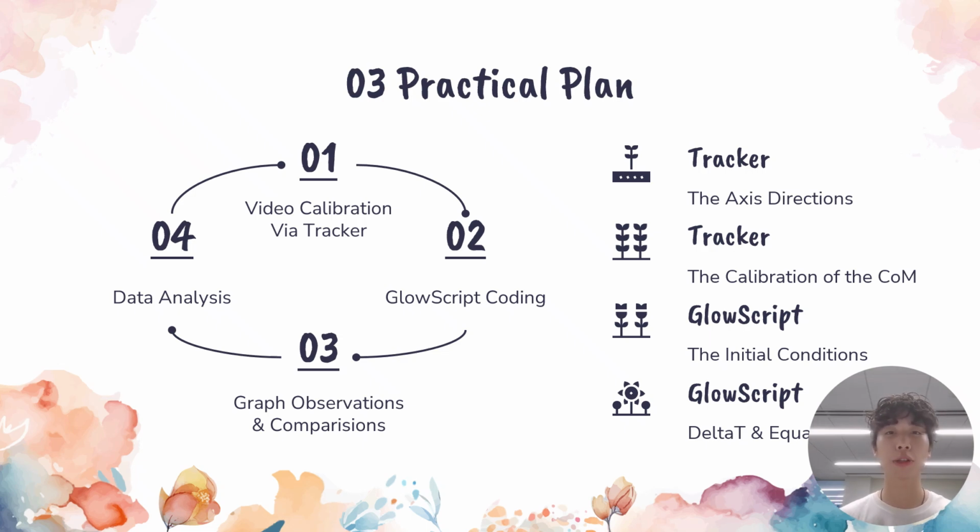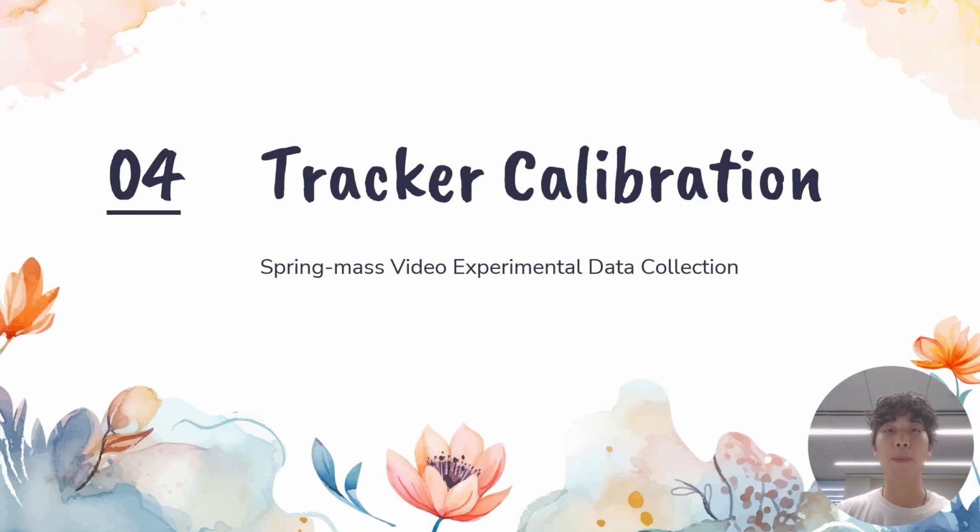And then you also have to calibrate the center of mass, we call it COM, very carefully, because a small difference can lead to a big difference in the graph. And then also in the GlowScript, we have to be careful of the initial conditions because it's a key part of our code. And then also we have to use a specific value of delta t, and make sure the equations are all correct. And now I'm going to talk about the Tracker calibration.